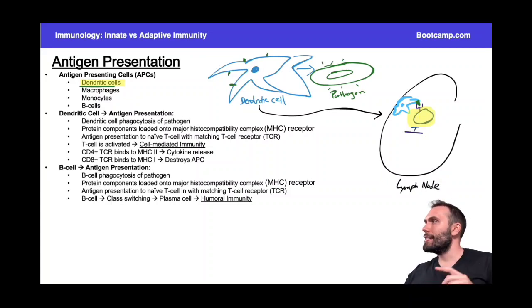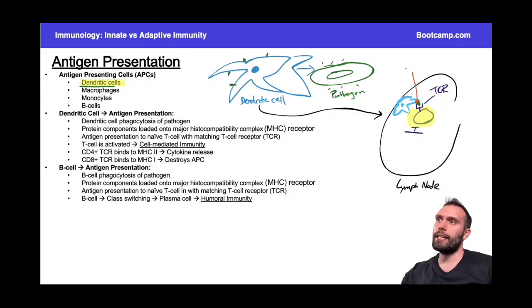Now remember, this thing here in purple, that's the T cell receptor. The T cell receptor bound to the antigen, but what exactly is that antigen on the dendritic cell? Well, the dendritic cell uses the major histocompatibility complex, an MHC, to present the antigen. Now dendritic cells can use different types of MHCs.